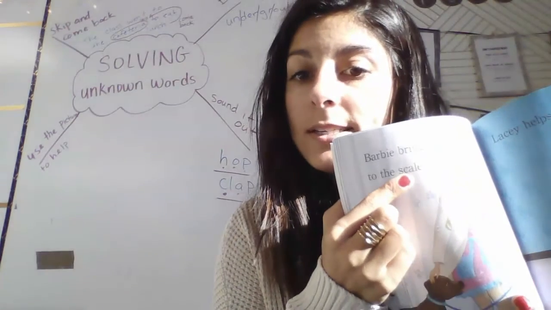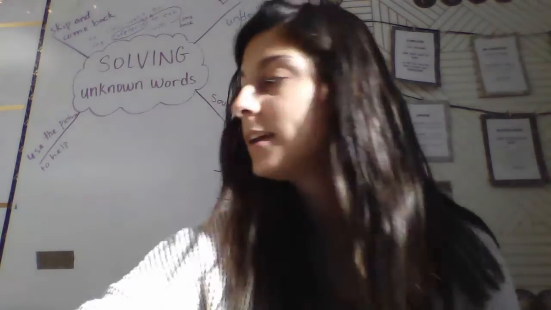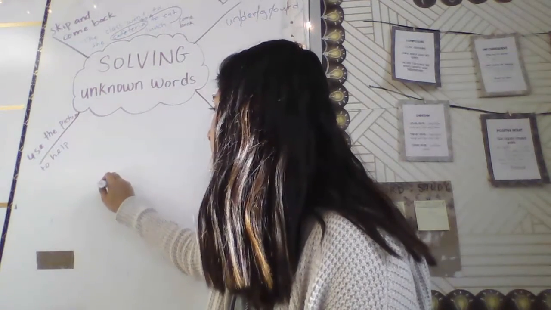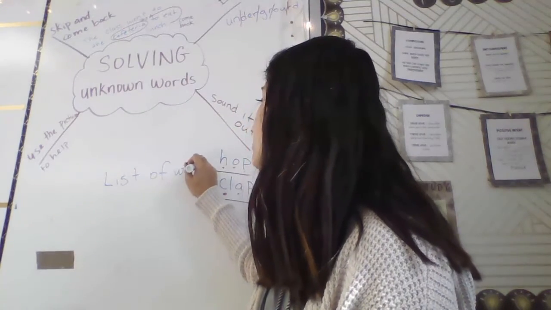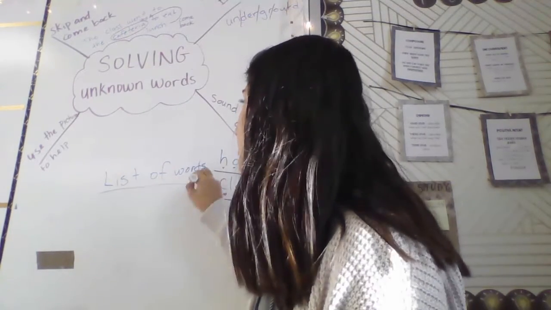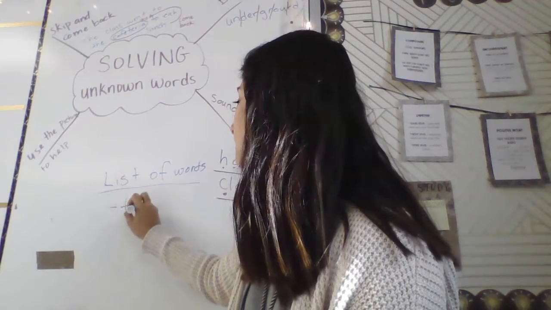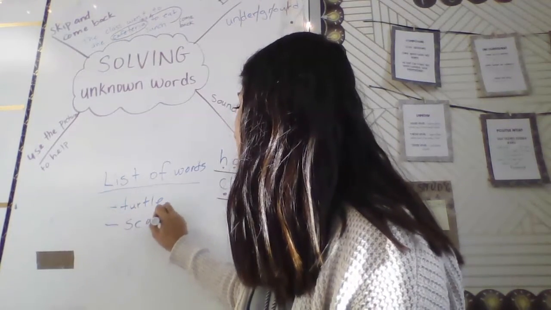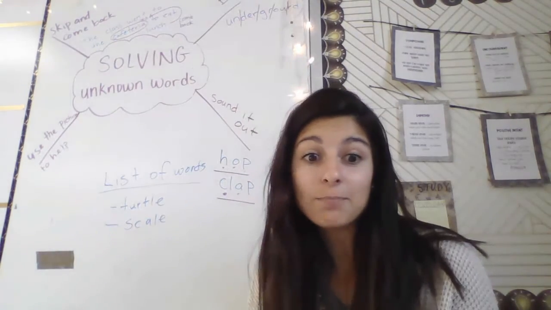So I'd write the word scale. And that's my list of words. Okay? So on Seesaw, on the notepad, I can make a list of words. List of words. And these are words you do not know in your book that you had to solve. Turtle and scale. Those are my 2 words that while I was reading, I didn't know them.